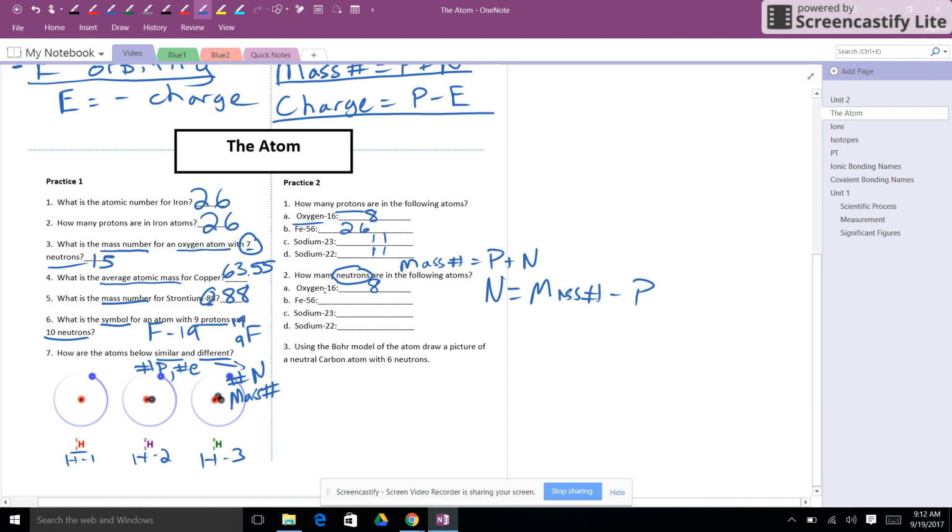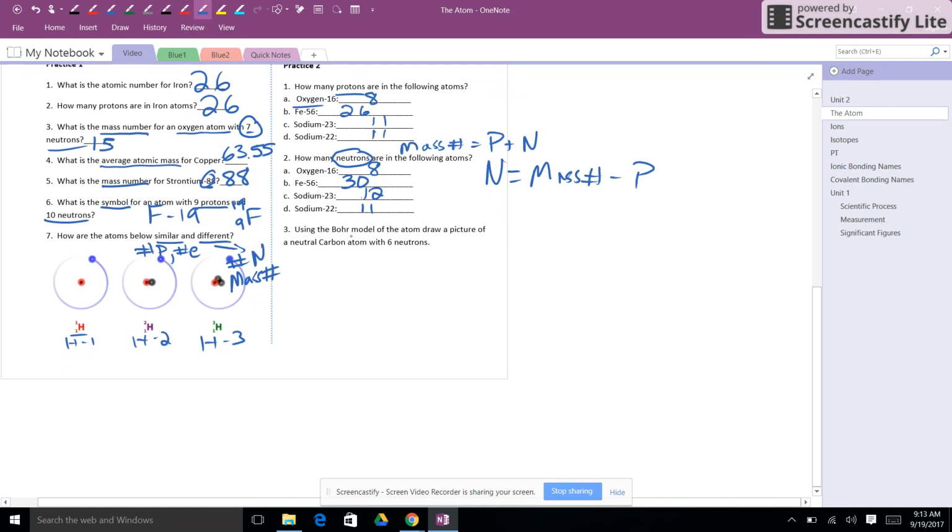Iron 56, we said above that iron always has 26 protons, so 56 minus 26, so we get 30 neutrons. Sodium 23 always has 11 protons. 23 minus 11 would be 12 neutrons. Sodium 22, 11 protons still, so 22 minus 11 is 11.